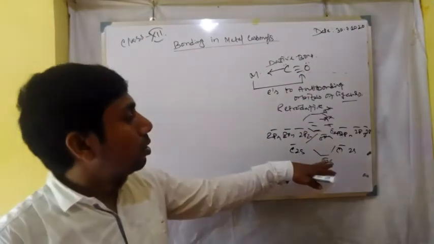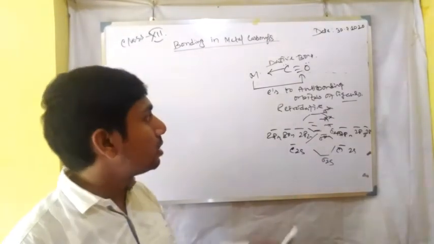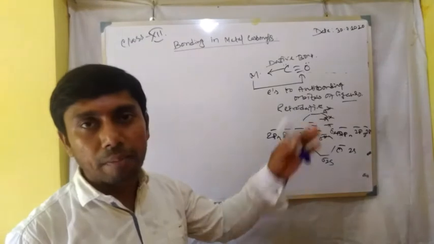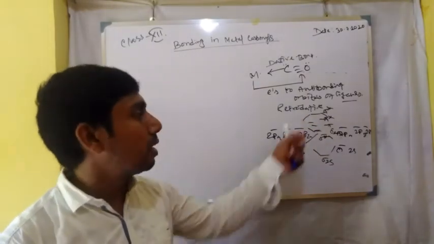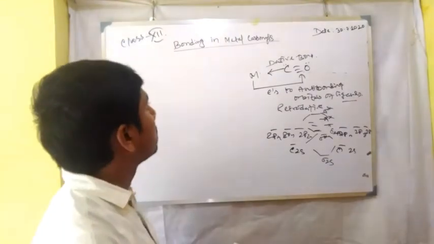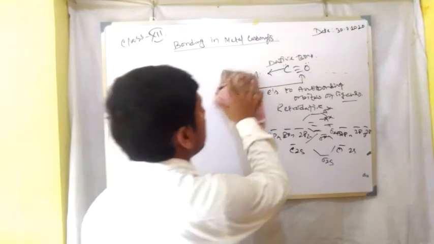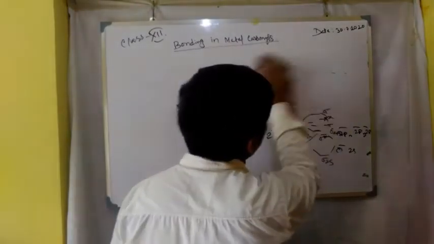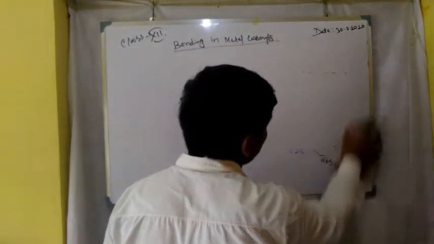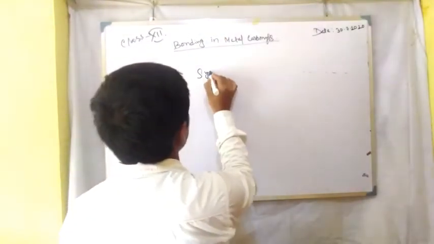Now the antibonding orbital of carbonyl remains vacant, and the back-bonding electron will take the position of the antibonding orbital of the ligand. So this is called synergic bonding. So what is synergic bonding?